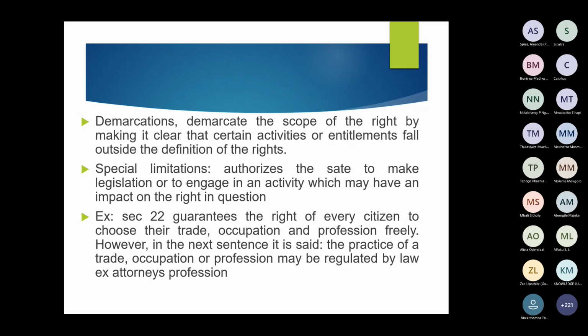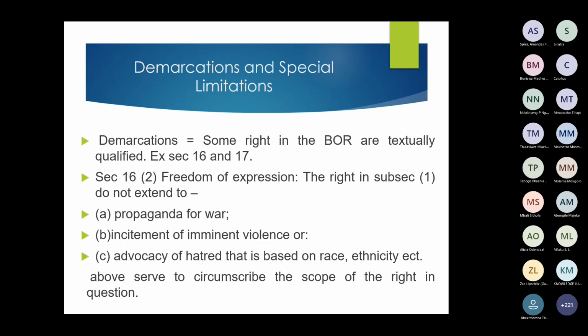So it's not only the limitation clause, Section 36, that can limit rights, but some of our rights in the Constitution are already limited through the way in which they're phrased, known as demarcations, and then you also get special limitations where legislation exists that gives effect to that fundamental right, which already provides limitation in that respect.